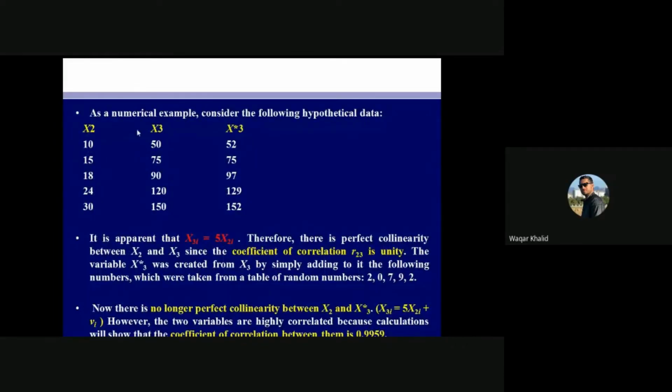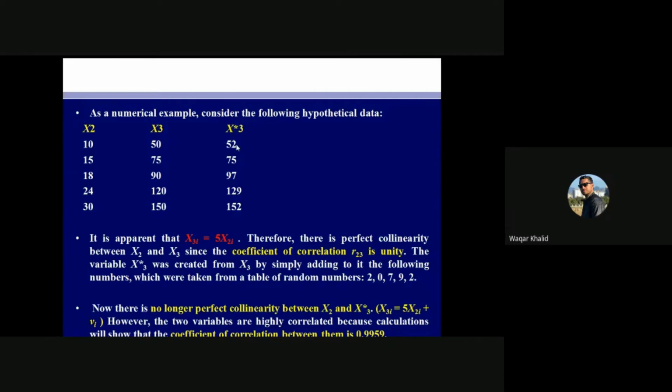It is very clear, the relationship between x2 and x3. If I am adding vi, suppose the vi value is 12, then the new value of x3 will be 62, because 50 plus 12 is equal to 62.